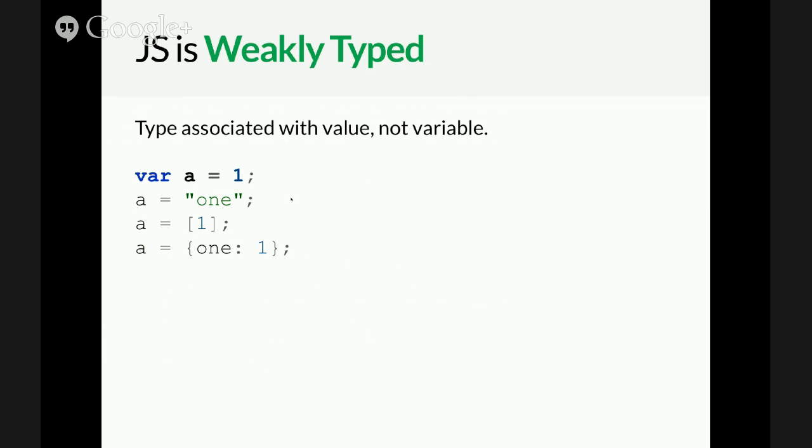In JavaScript, when you declare var a equals 1, a is going to be a pointer to a memory address, a memory space that has a kind of, and we'll talk a lot more about this in future lectures, the number 1 actually is not just the number 1 in memory, it's kind of two parts.